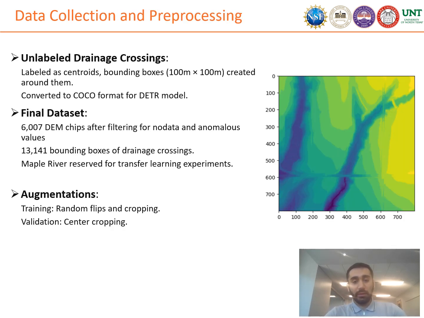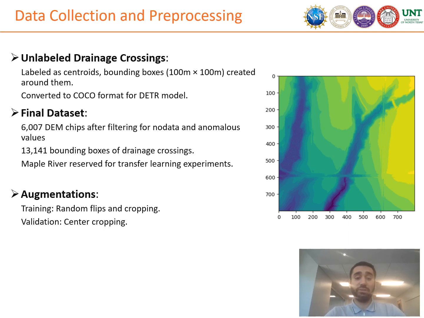So the data set of drainage crossings, as a main part of hydrologic connectivity task, is primarily unlabeled. So our first task was to create labels for the whole data set. We labeled each crossing as a centroid bounding box of 100 meter by 100 meter created around each drainage crossing object.